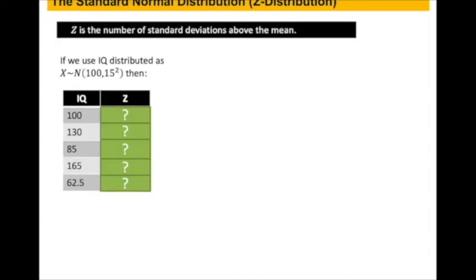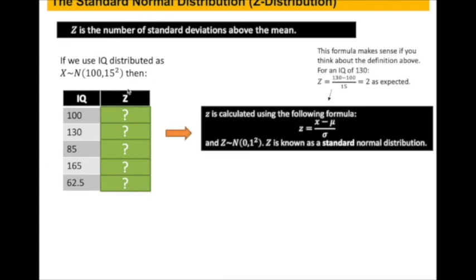Let's take a look at this example here. Remember, z is the number of standard deviations above the mean. If we use IQ, distributed as random variable x, which is normally distributed with mean 100 and standard deviation 15, then to find the z-score, you use this formula: z is equal to x minus mu over sigma.